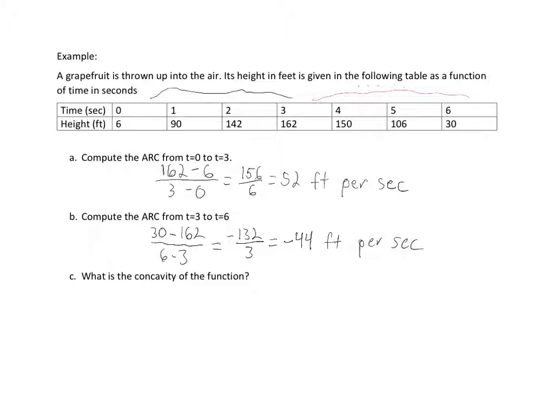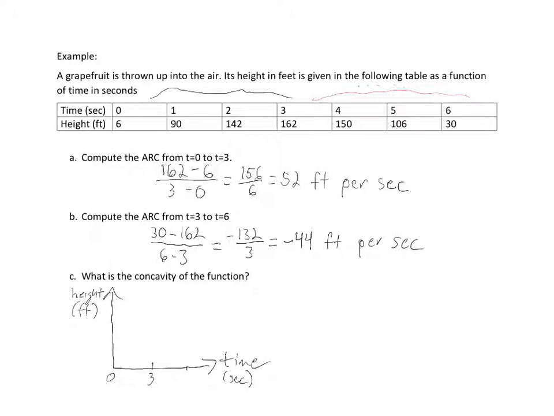So let's think about the concavity. Let's first consider what this graph would look like. We know our input is time, specifically in seconds, and our output is height in feet. At 3 seconds, we're going to experience this change where it starts to come back.